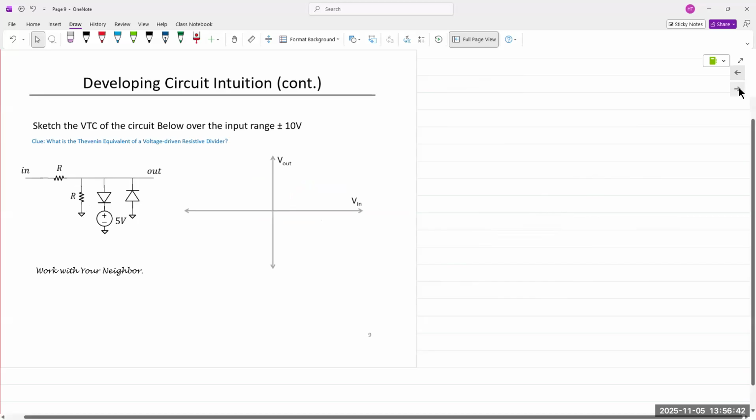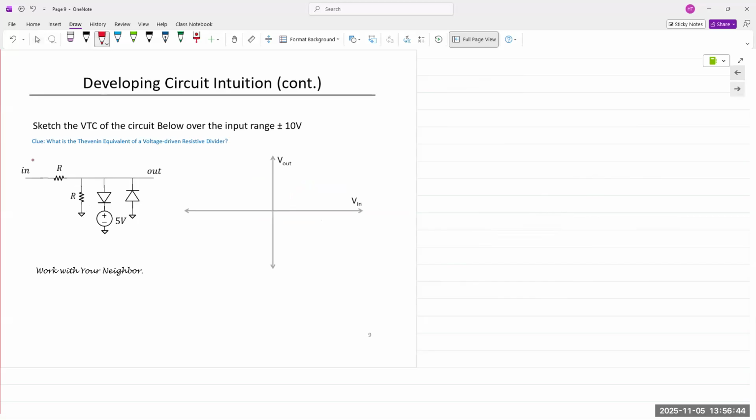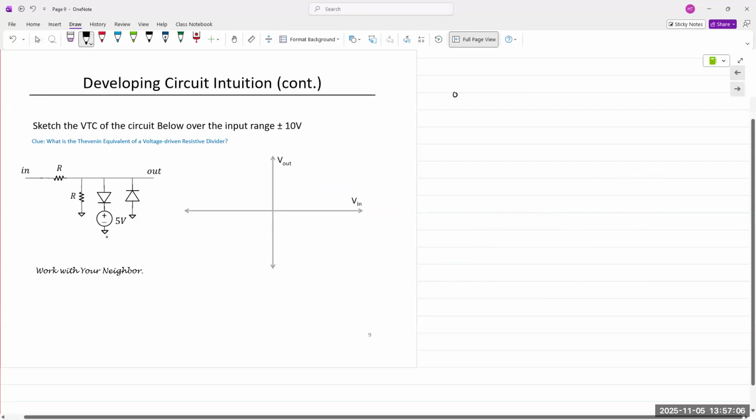So this next one is exactly the same. The only difference is that there is an additional resistor in parallel. And if there's an additional resistor in parallel, then what we need to do is find the Thevenin equivalent circuit.